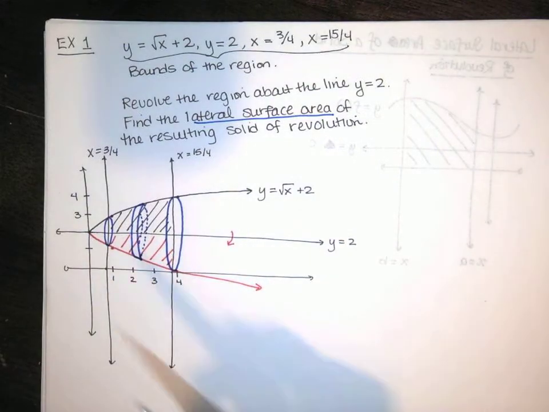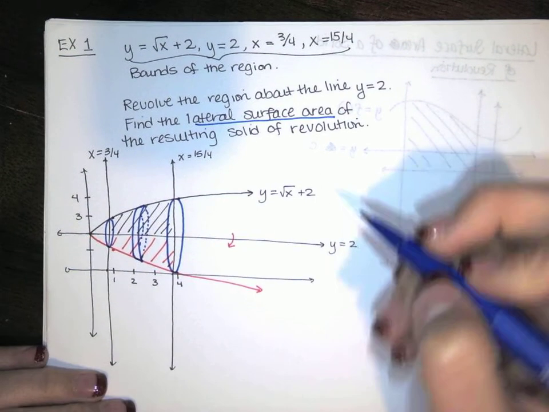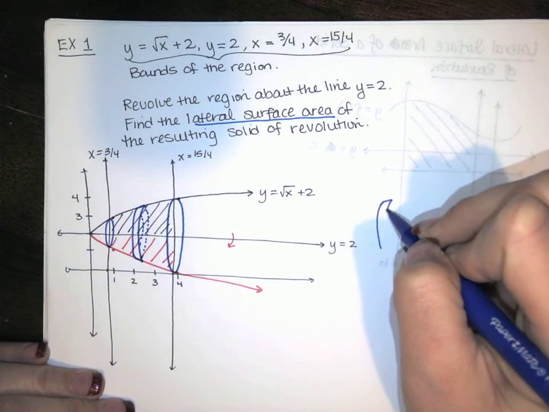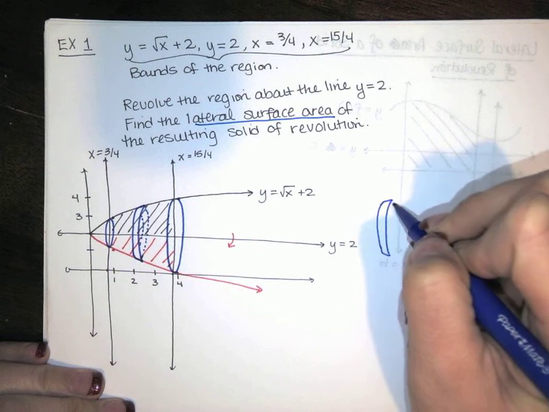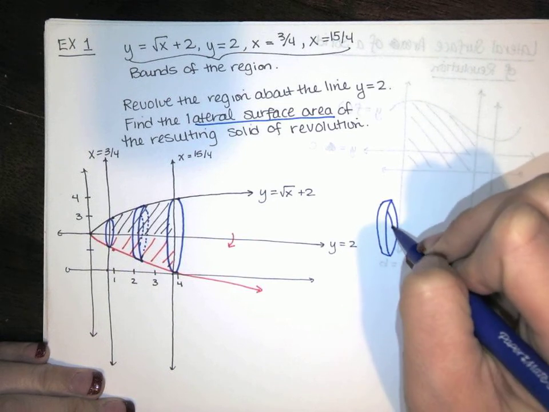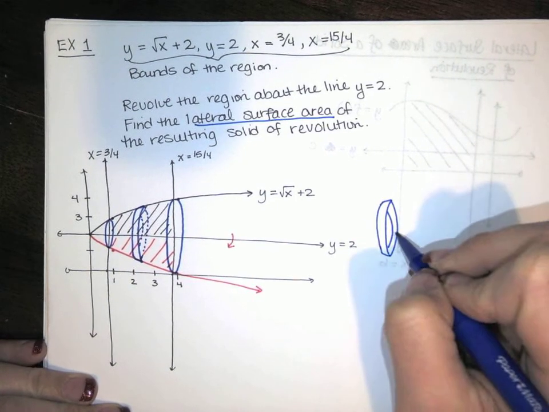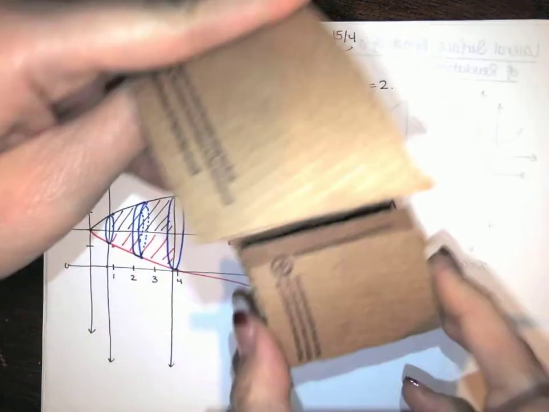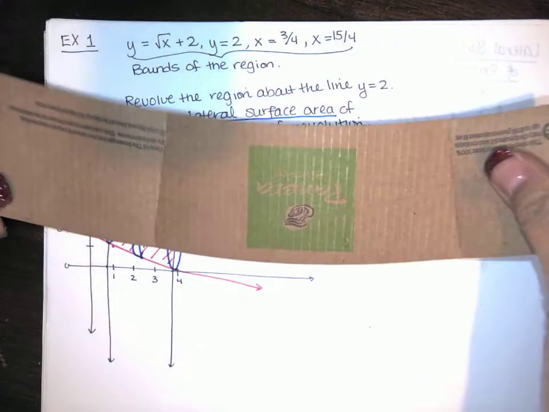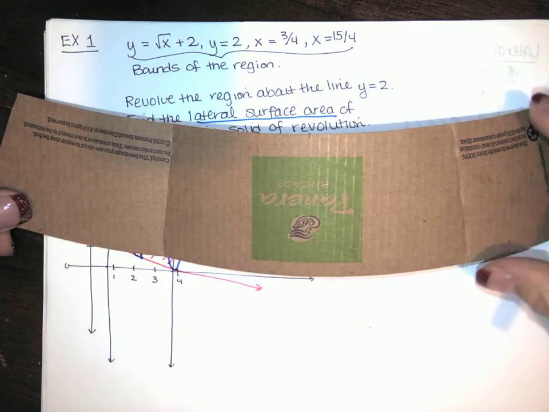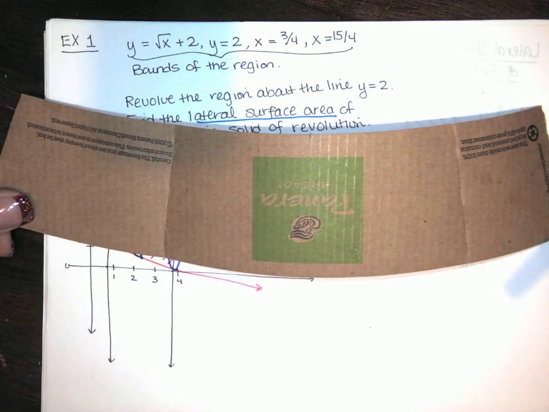Well, in order to find that surface area, I take my little strip of paper, and then I cut it on one side, kind of like I cut this strip. It's already cut. And then I unfold it. Now this doesn't look like a rectangle, but it's going to look almost like a rectangle in the limit.